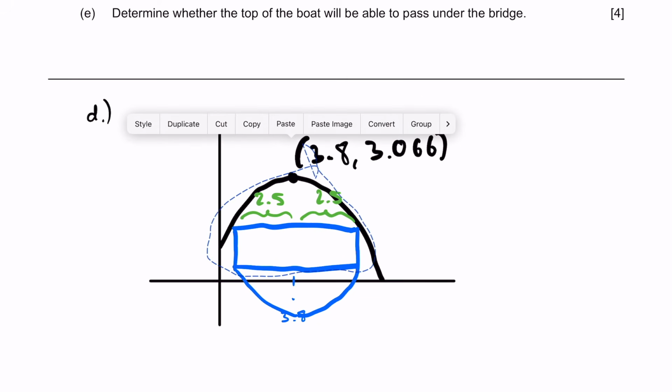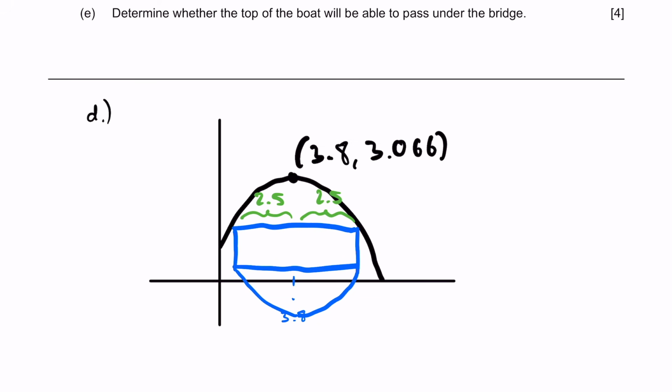But we know if it's traveling down the center and it has a total width of 5 meters, it's going to hang over, let's say, 2.5 meters to the right and 2.5 meters to the left. So if this is 3.8, we can ask ourselves, what is the height of the river at this point right here? That is to say, 2.5 meters to the left of 3.8.